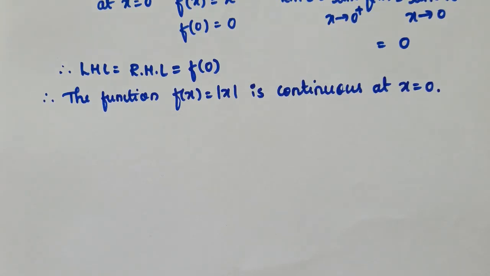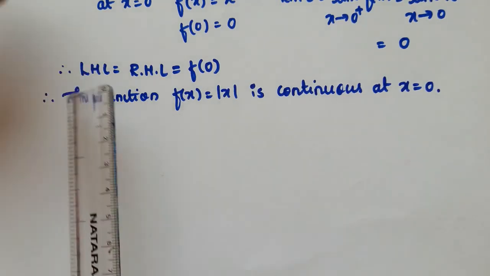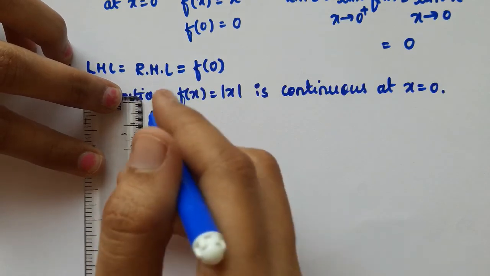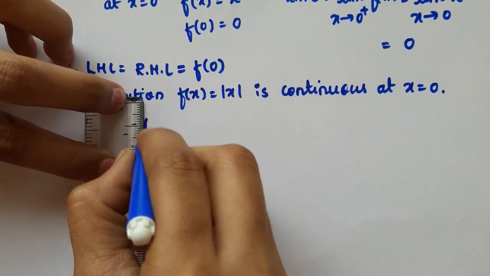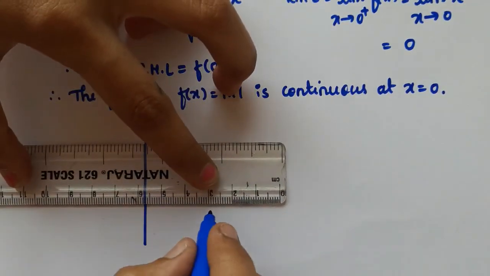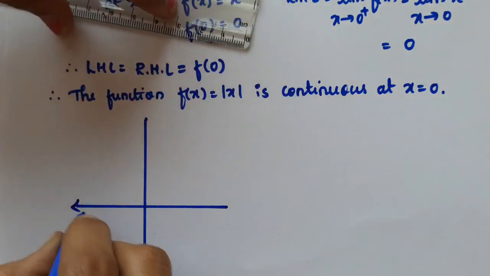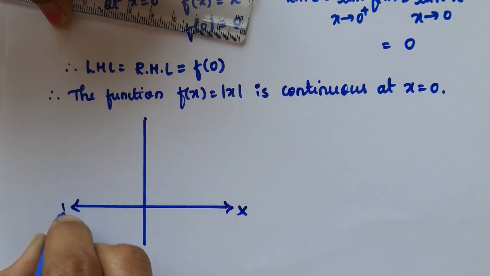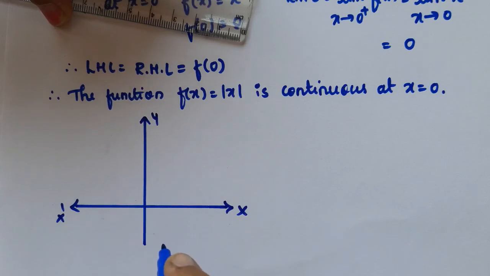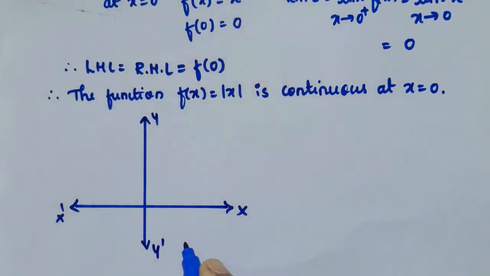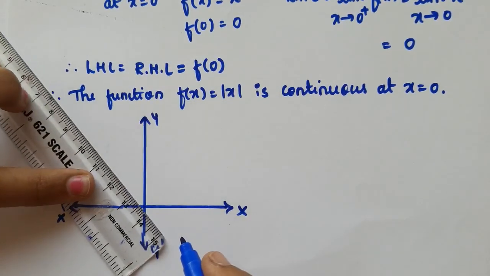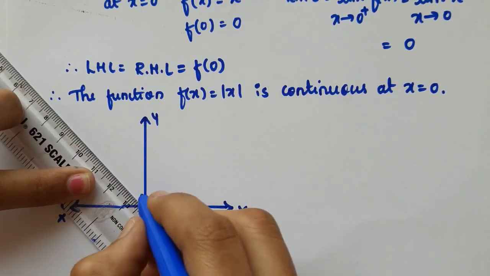We can also see the graph of this function. The graph of the modulus function is like this. Y-axis, take x-axis, x dash, y dash. The graph of the modulus function is like what? Already you know the graph of the function from the first year.